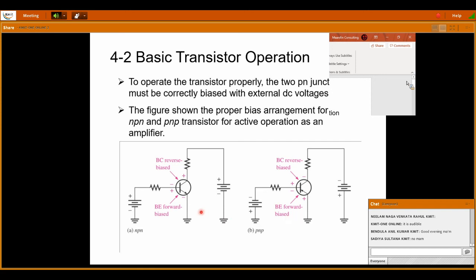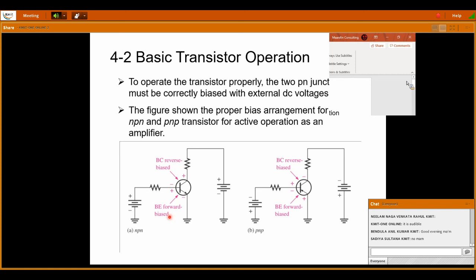Now, when I want to use your transistor as a logical one switch, or to have the logical one state in digital gates, then both junctions must be forward biased. Then the transistor is operated in the saturation region. Next, the last region of operation is the inverted active region, which is not used practically.